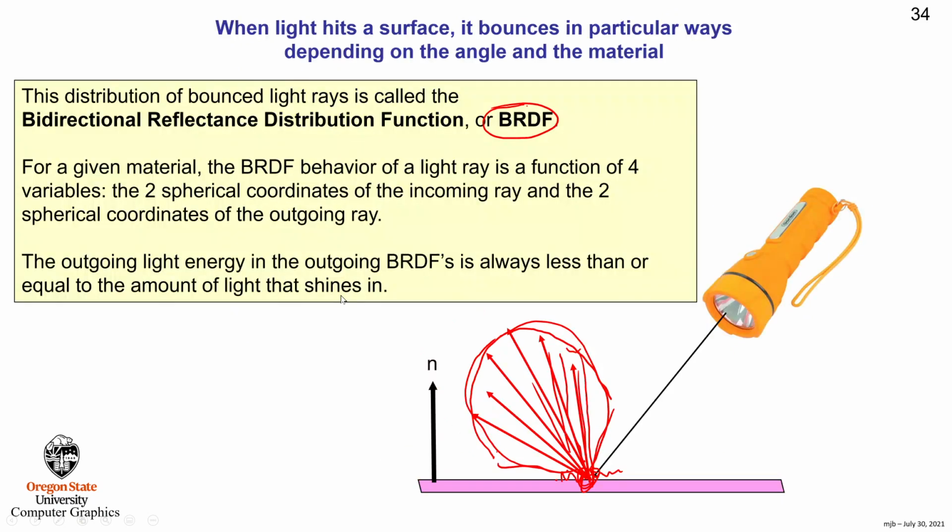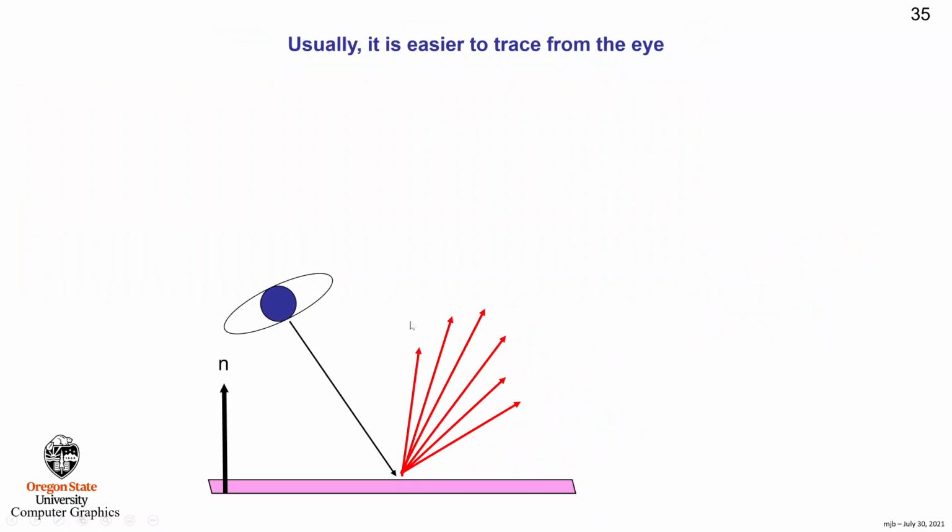Okay, so this is what it looks like when we bounce from the light source, because that's really what's happening, right? The light comes out of the flashlight, bounces. Hopefully our eye is in there somewhere and we see it. It's actually easier to make these images if we go the other direction. So let's think of the light as coming from our eye and bouncing off the surface.